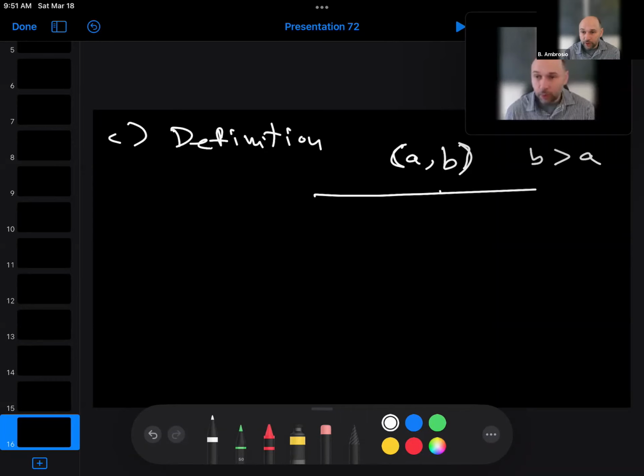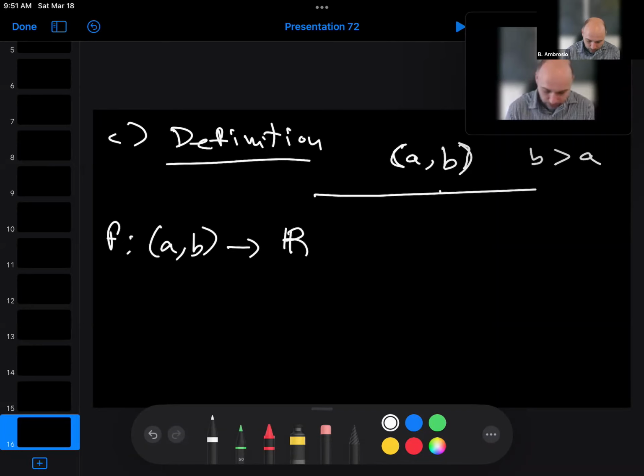This is an open interval that contains all the numbers that are between a and b. So let's say that f is defined on an interval (a, b), and it takes values in R. Let c belong to (a, b).